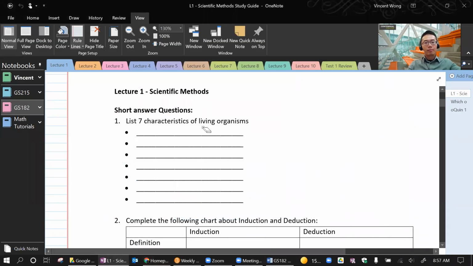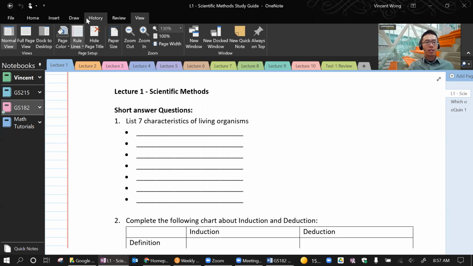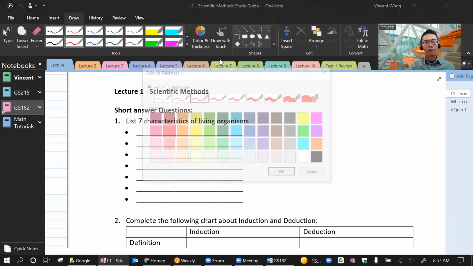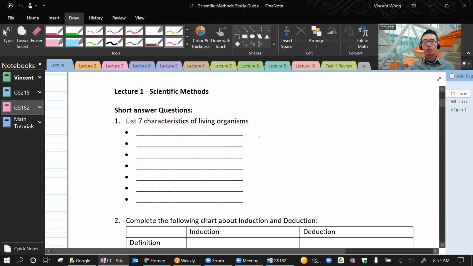All right, let's get started. These questions are the ones that you should be studying for to prepare for the quiz or the test. First question: list 7 characteristics of living organisms. In the PowerPoint, there were a bunch of characteristics. The first one that I can remember is that they exhibit order.